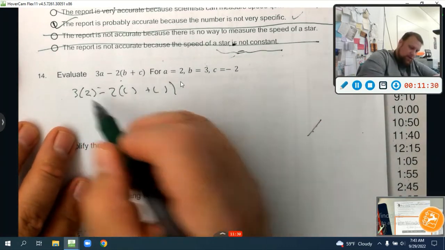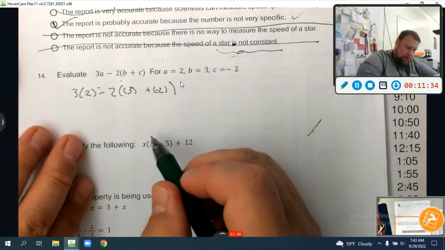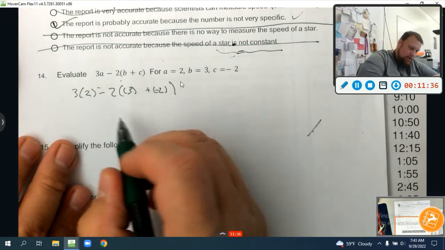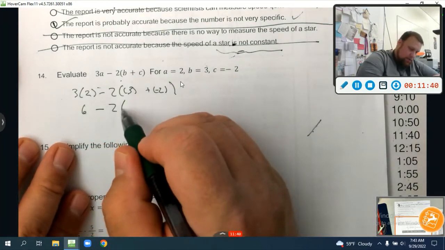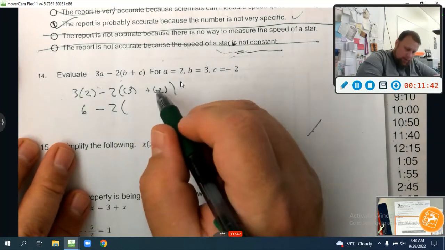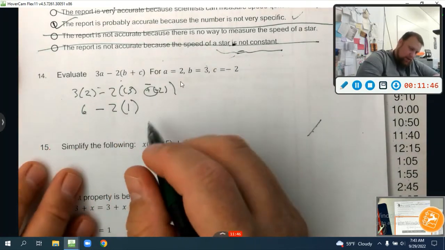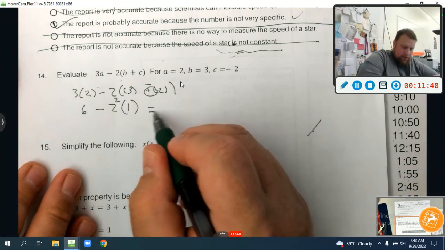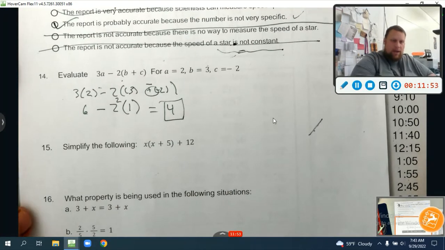So a is 2, b is 3, and c is negative 2. Boom. Let's do this. That's just going to be 6 minus 2 times the quantity. Well, what's 3 plus negative 2? A plus minus is just a minus. So 3 minus 2 is 1. So that's just 2. And what's 6 minus 2? That's 4. Easy peasy, lemon squeezy.